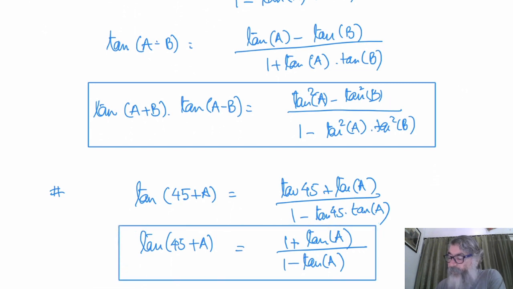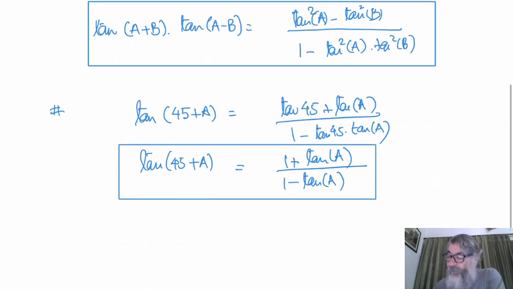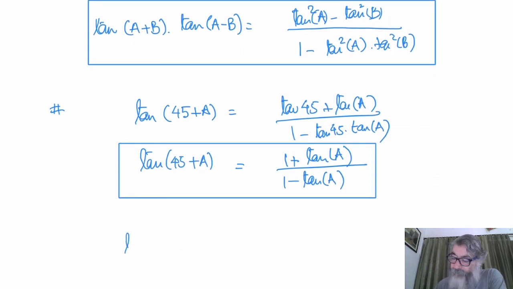tan(45+A) is equal to 1 plus tan A upon 1 minus tan A. But if I see somewhere 1 plus tan A upon 1 minus tan A, then I can always write it as tan(45+A). Similarly, let us see in negative, tan(45−A).